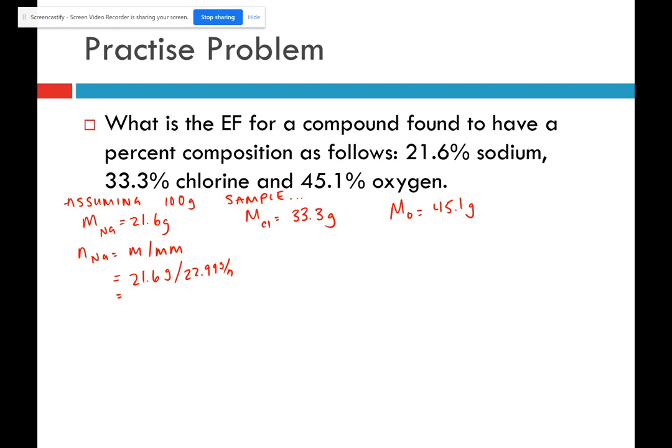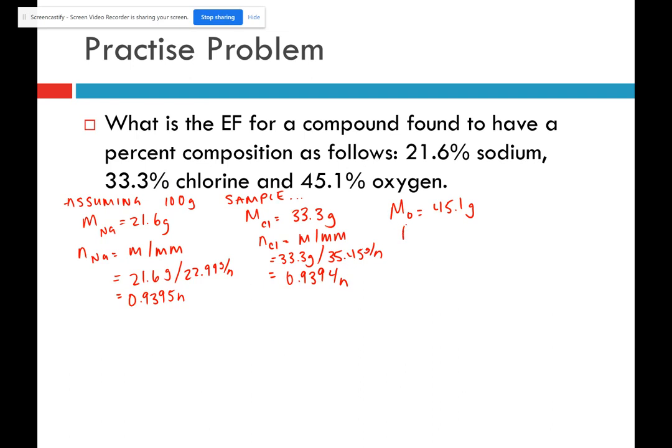Okay, so that's going to give us 0.9395 moles. Chlorine will do the same thing. Moles of chlorine is going to be our mass divided by our molar mass, which is 33.3 grams divided by, if I look it up on the periodic table, 35.45 grams per mole. So that's going to give me 0.9394 moles.